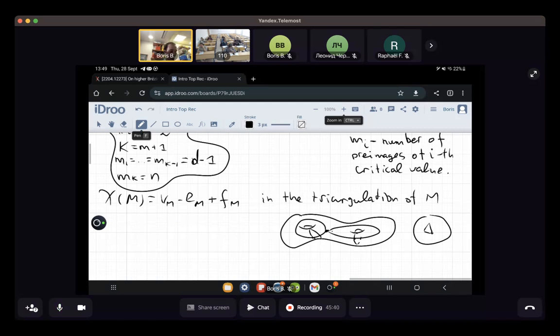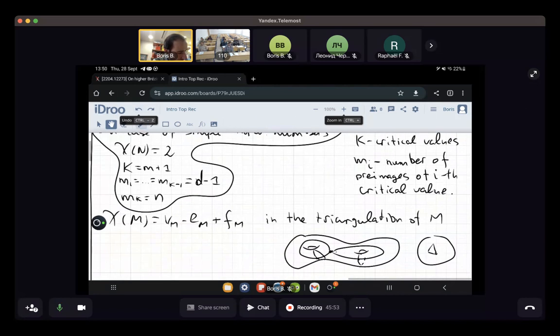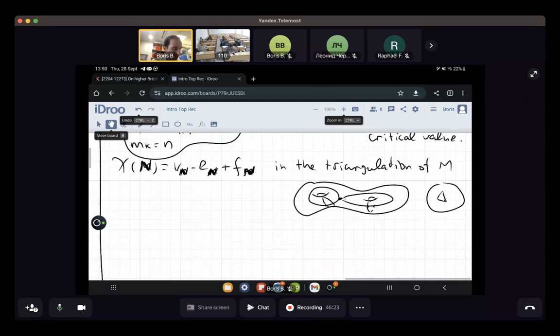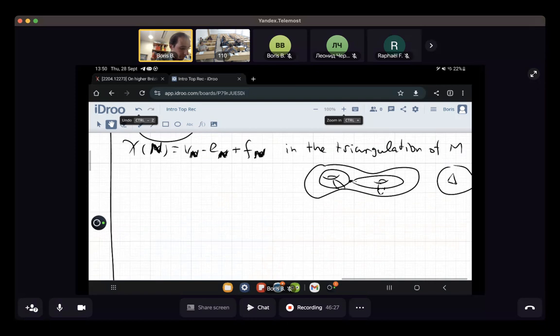So if you have a triangulation of your Riemann surface, then this is the Euler characteristic, and let me compute the Euler characteristic of M, which is above N. I want some particular triangulation of N. I want these triangulations to be as follows: all critical values will be the vertices of my triangulation.